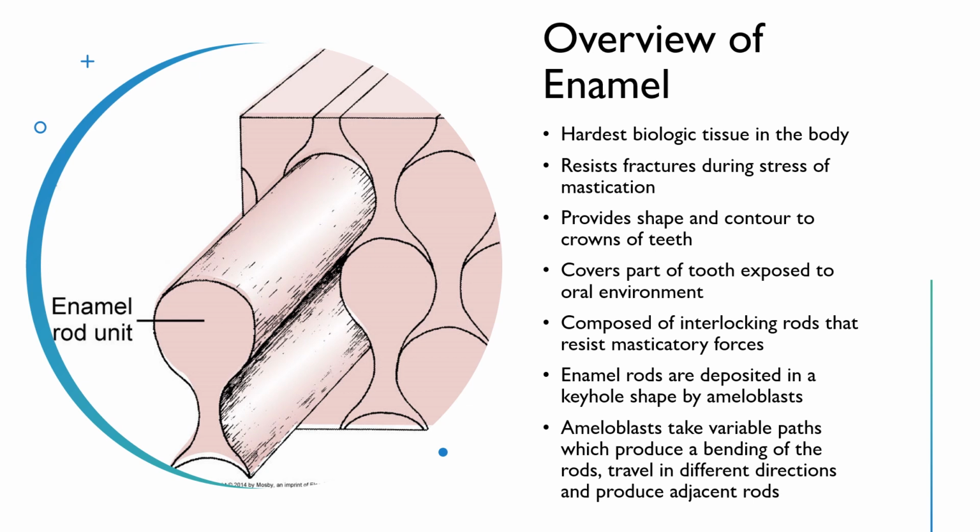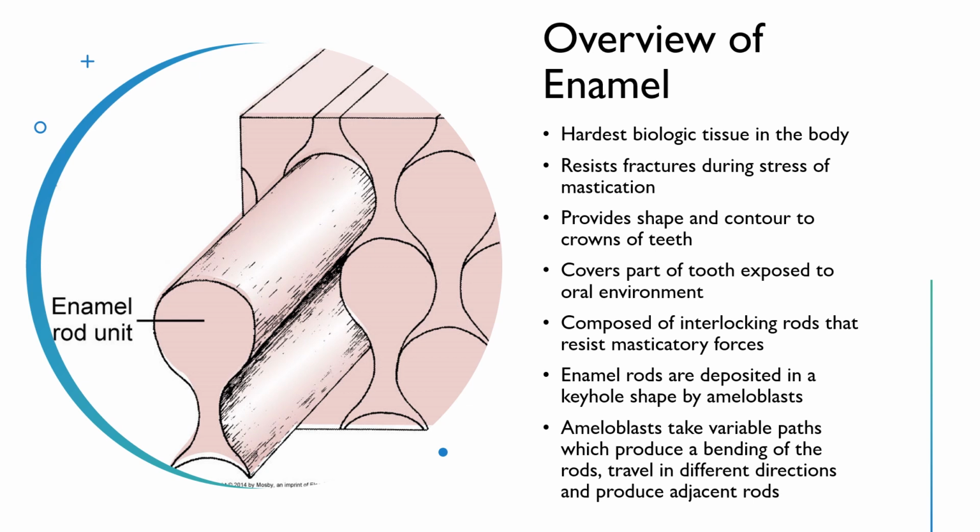Enamel is also that protective layer, so it's covering part of the tooth that is exposed to the oral environment. So we have this clinical crown that we can see when we look in the mouth, and then all of the other structures of the tooth, when everything is nice and healthy, should all be tucked away under the gingiva in the alveolar bone.